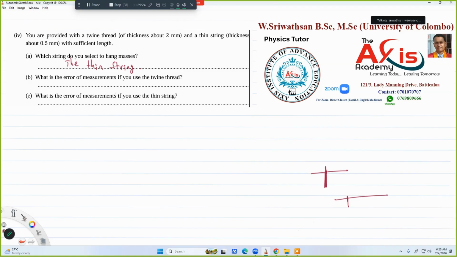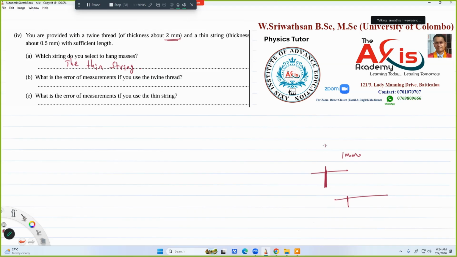Okay. What is the error of measurement if you use the thick thread? Thick thread in the sense the thickness is high. What is the error of measurement if you use a thin thread? Right, if we use 2 millimeter, in the meter rod we can measure minimum up to 1 millimeter.